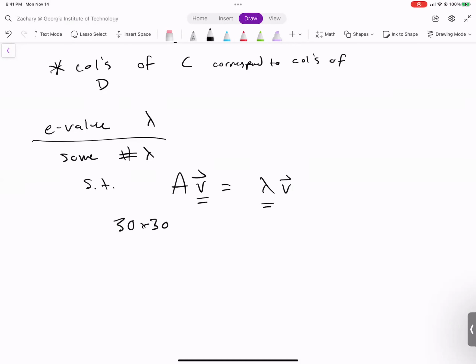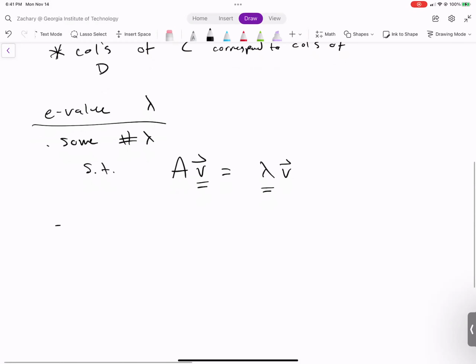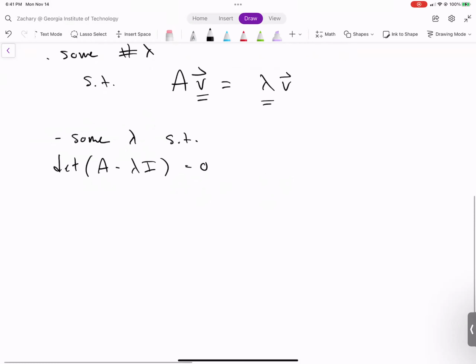So this is the definition of an eigenvalue. Another proper definition is some lambda such that the determinant of A minus lambda I is equal to 0, which is equivalent to saying A minus lambda I has linearly dependent columns.